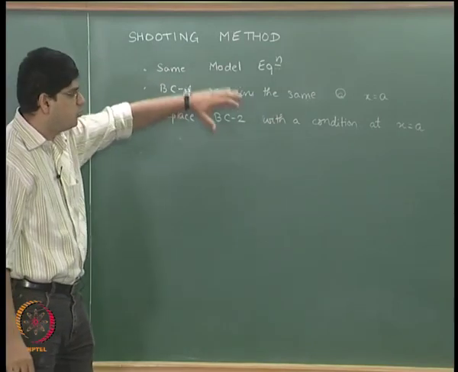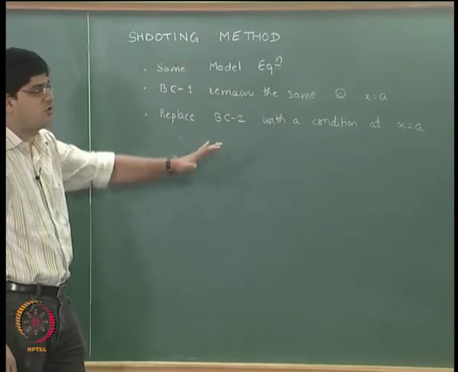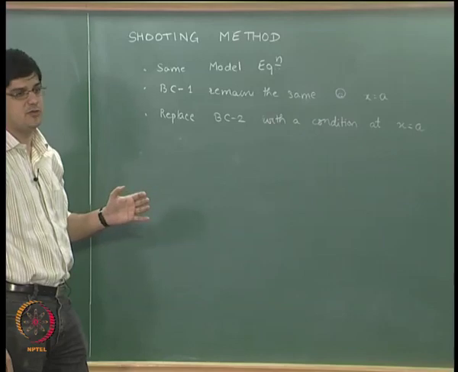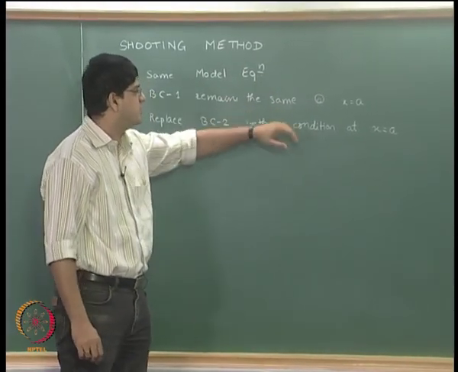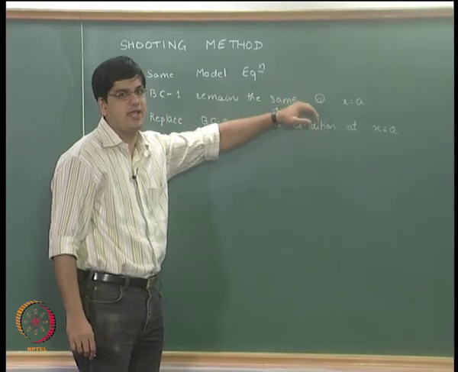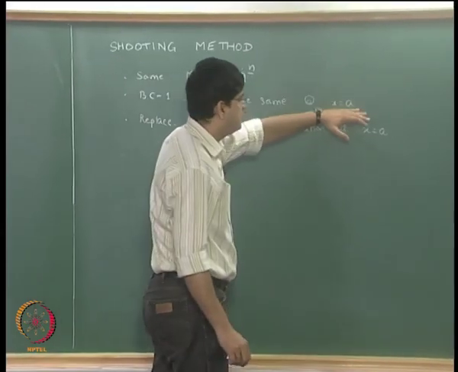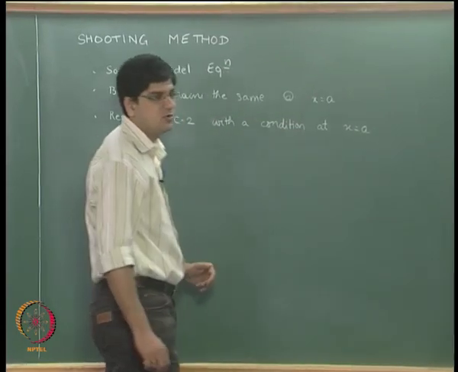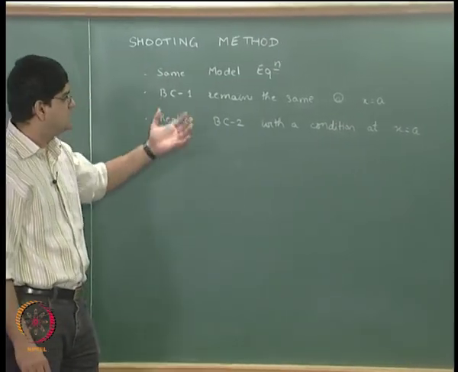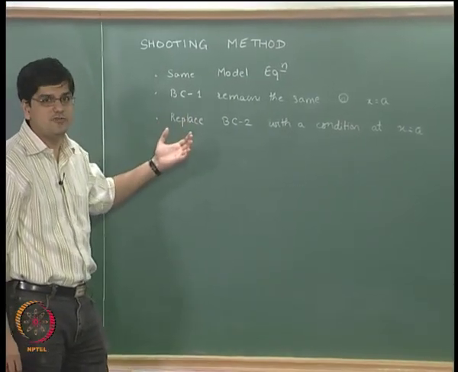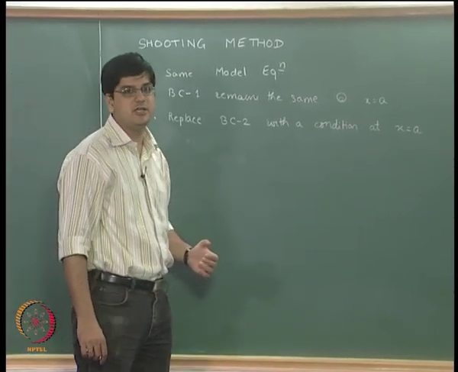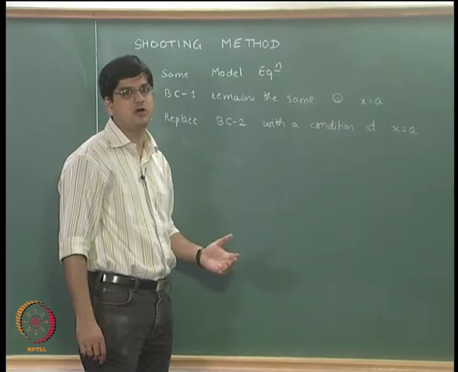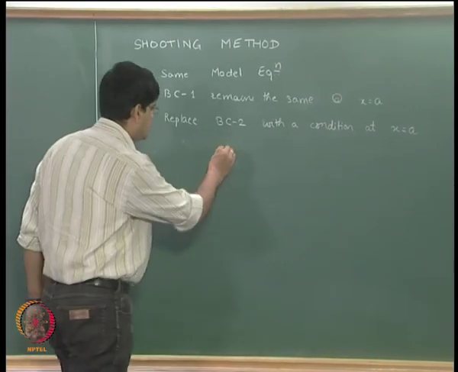With this we have converted our boundary value problem into an initial value problem, because now instead of specifying the conditions at x equal to a and x equal to b, we have specified both the conditions at x equal to a. As a result, this ODE initial value problem is something that we can solve using the initial value problem techniques that we have talked about before.